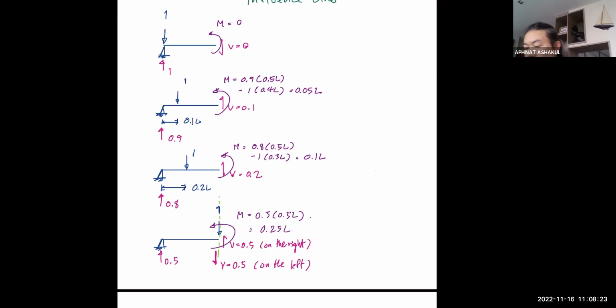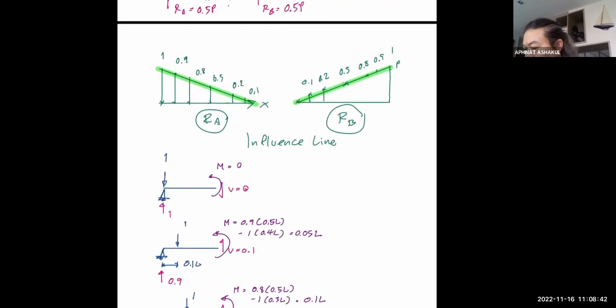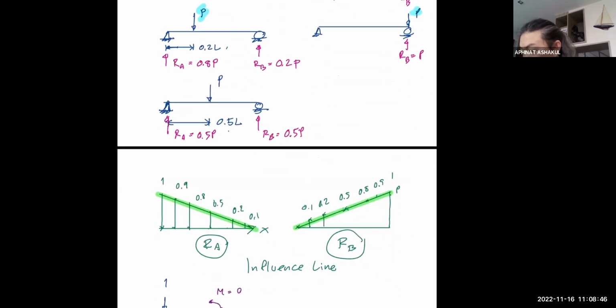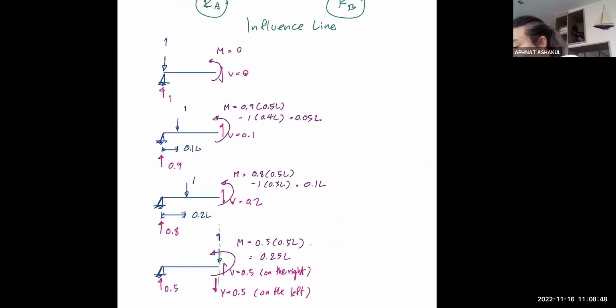Now our load will move past this. Remember that this remains our free body diagram because we need to cut this in order to show the internal shear and moment at midspan. So when the load reaches the same location here, it is 0.2 L from the right support. Now I still have this free body diagram.